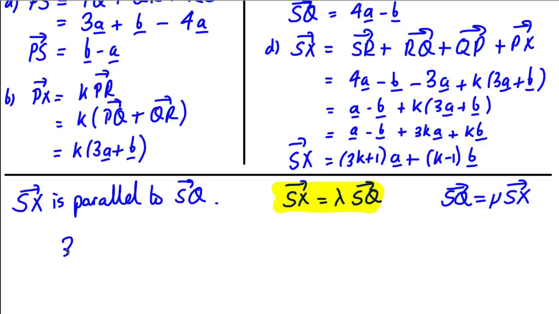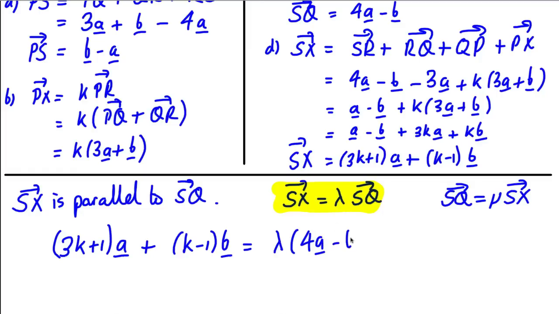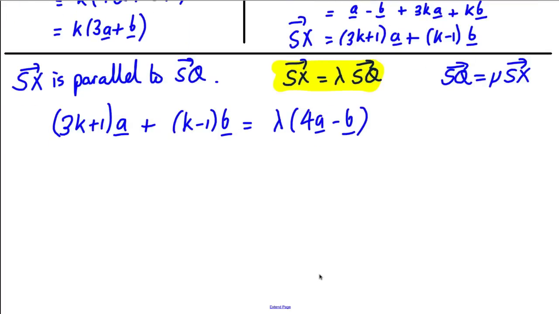SX is (3k + 1) lots of a plus (k − 1) lots of b, and that's equal to some number times SQ. Now what we're going to do is expand this side.